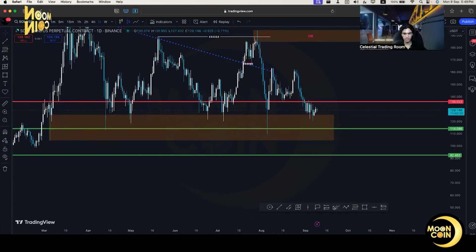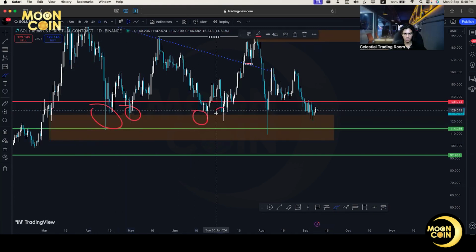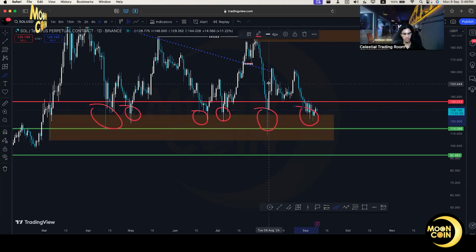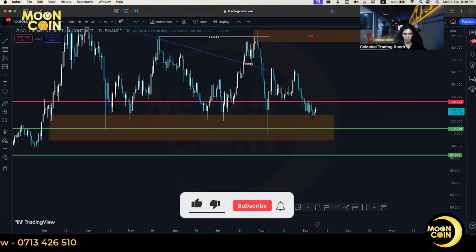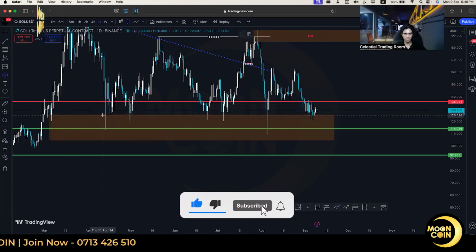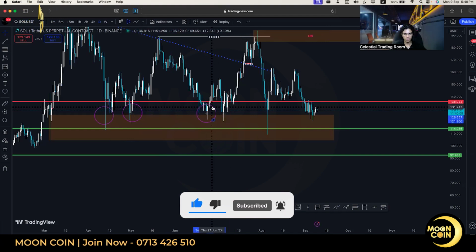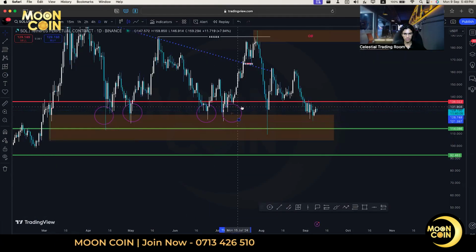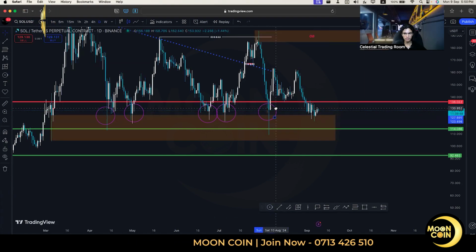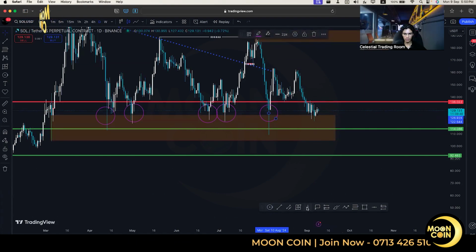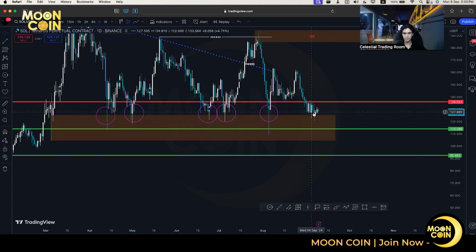So we can see we have the first touch and the second mitigation, third, fourth, fifth, and we are at the sixth mitigation. We have the first one, second one, third one, the fourth one, and we go for the final mitigation over here.